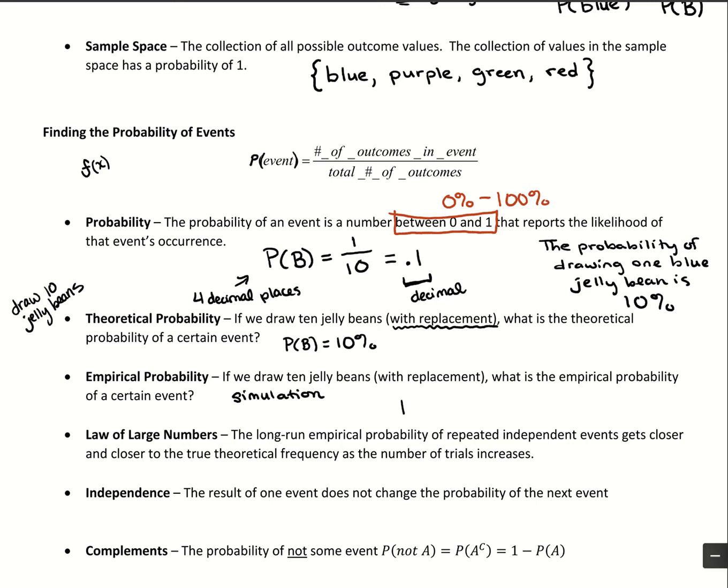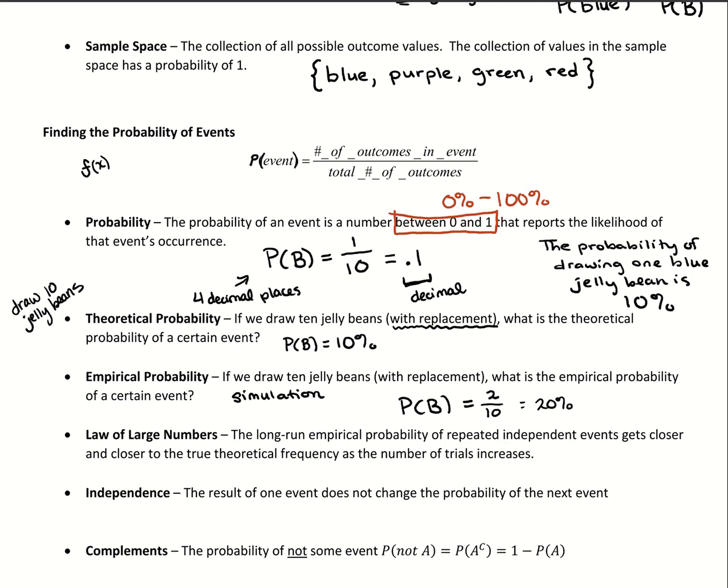For the empirical probability, I could look for this probability of blue. And let's say I did this and I got the blue jelly bean twice when drawing these out of the bag. So my empirical probability would be what I actually saw with those 2 blue jelly beans out of the 10 trials. So I would actually have 20%, but that's my empirical probability.